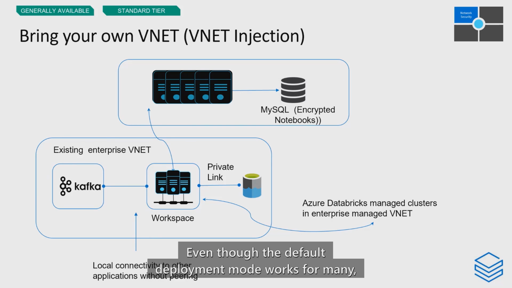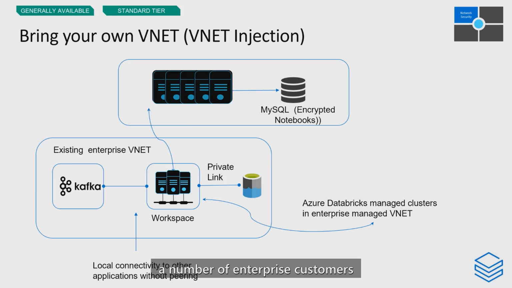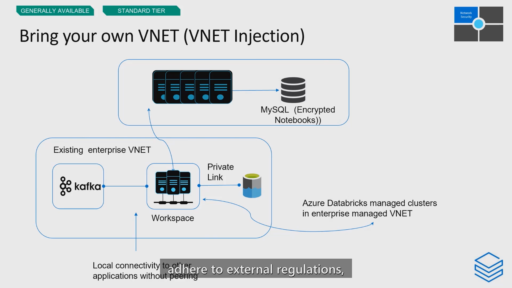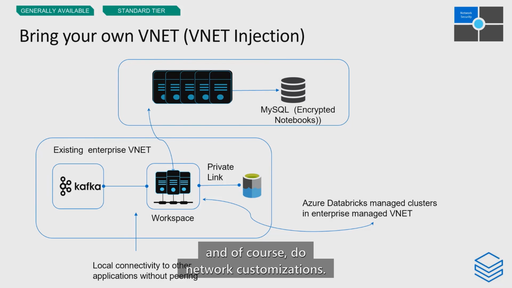Even though the default deployment mode works for many, a number of enterprise customers really want more control over the service network configuration to comply with internal data governance policies, other external regulations, and of course, do network customizations. Some of those network customizations are connecting Azure Databricks clusters to other Azure data services using Azure private endpoints or service endpoints.